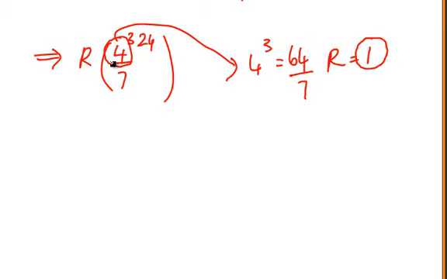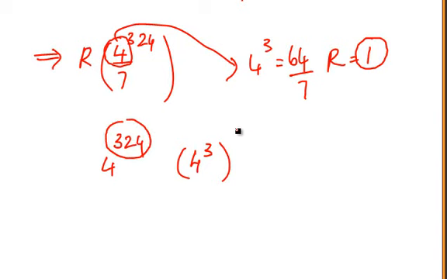So now we can split this 4 raised to 324 as 4 cube, the whole power. Is 324 divisible by 3? Yes. We need not even be bothered about this power, because our remainder is going to be 1 raised to this, but still, it's going to be 108, divided by 7.